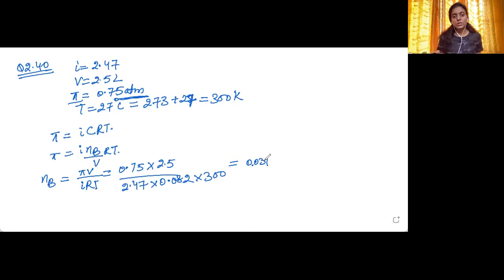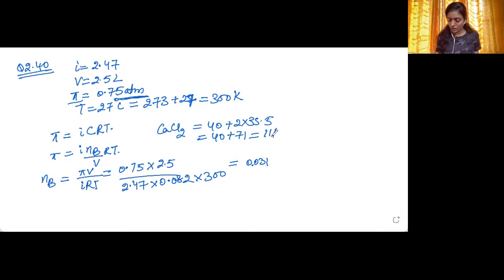Now number of moles we need to convert into grams because we have been asked for calculating the amount. Amount is in grams. So for that we need the molar mass of calcium chloride. So it will be 40 plus 2 into 35.5, 40 plus 71, which will be equal to 111.